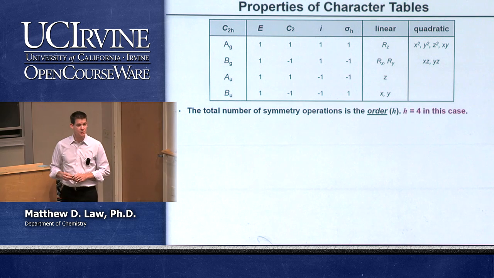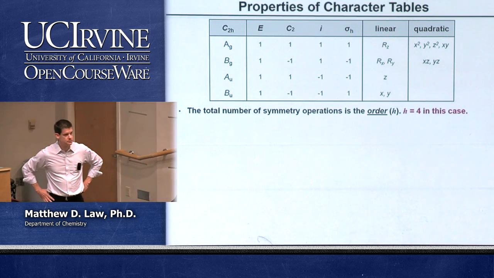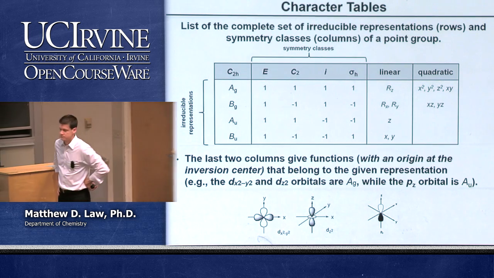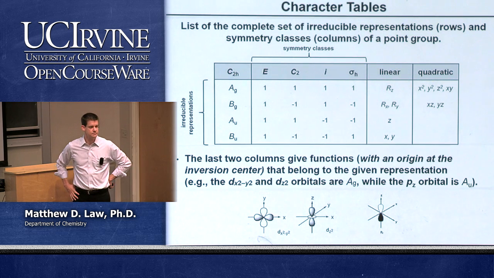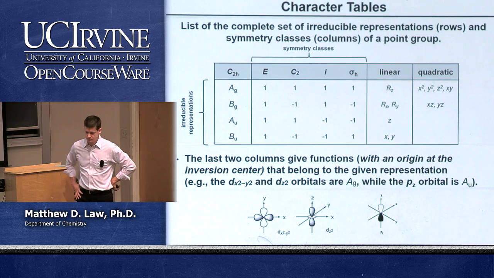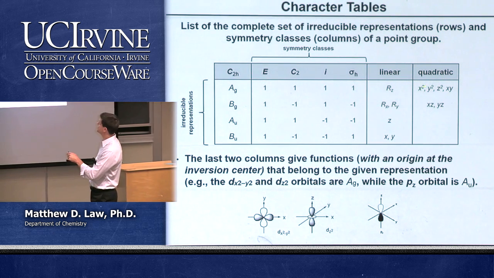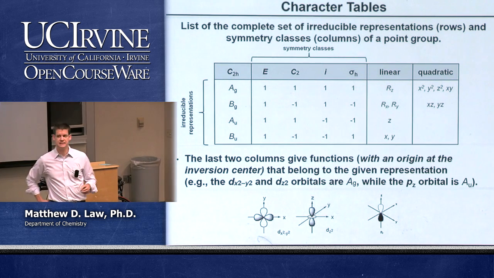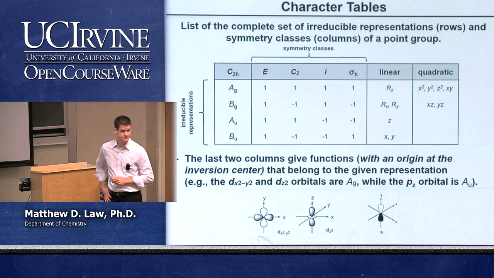Okay, so if there are any questions at this point, go ahead. For the quadratic, why don't you write x squared minus y squared, because that's the orbital we're actually talking about? Instead, you wrote x squared and y squared. So the question is, why not just put x squared minus y squared in this function? The convention here is that any linear combination of these functions also has this symmetry.